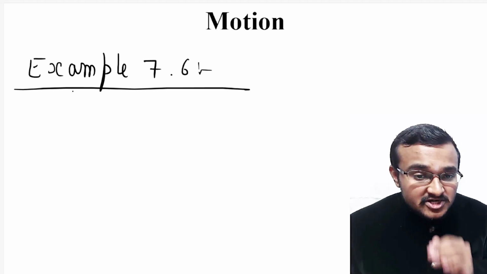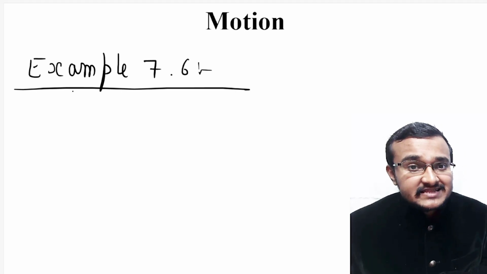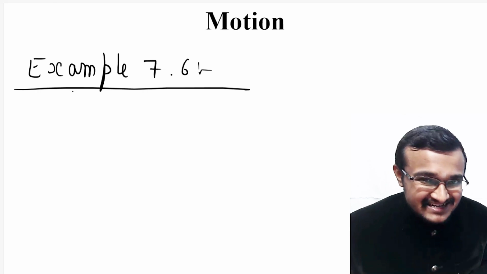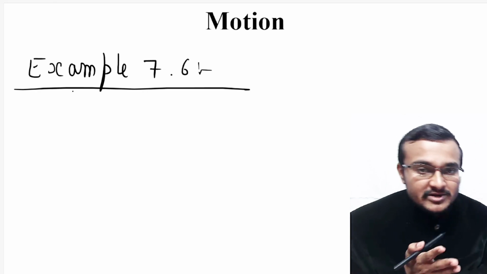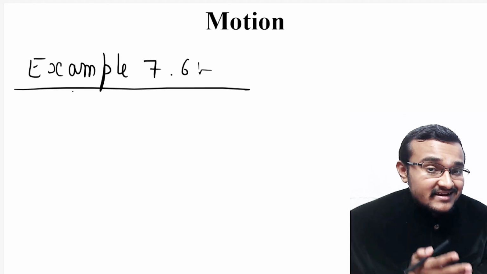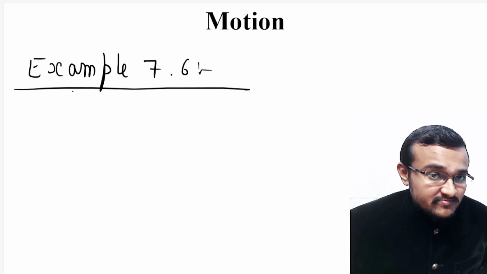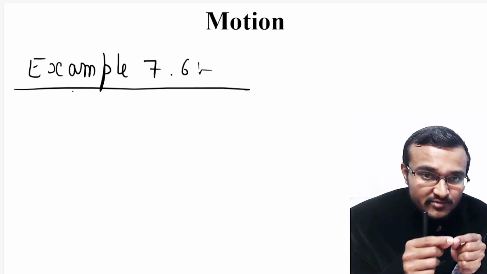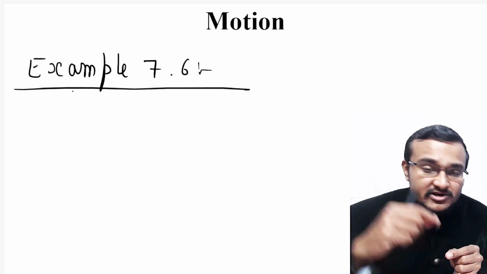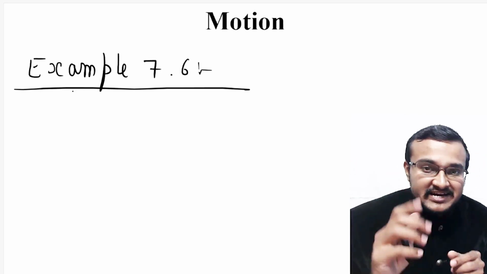So here also in this particular example 7.6, they have given a uniformly accelerated system. Here the car was at 18 km per hour speed and it has reached 36 km per hour speed after some time. So that means it has uniformly accelerated from 18 km per hour to 36 km per hour in 5 seconds.